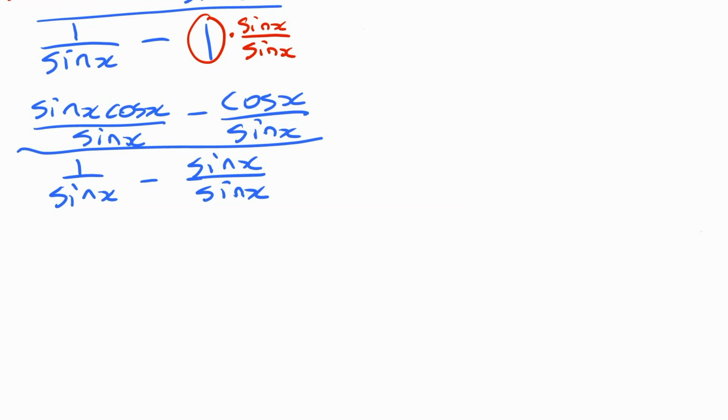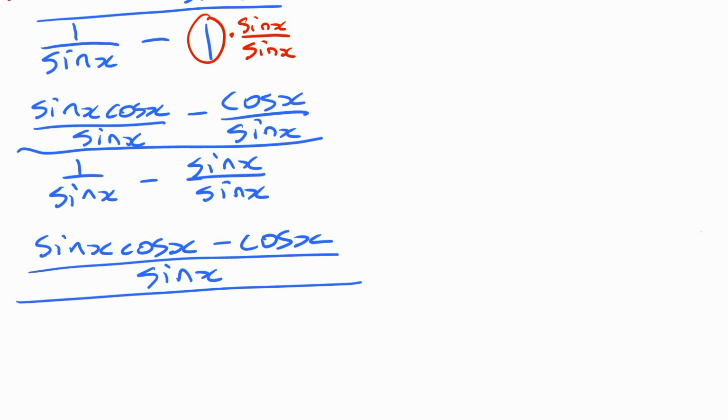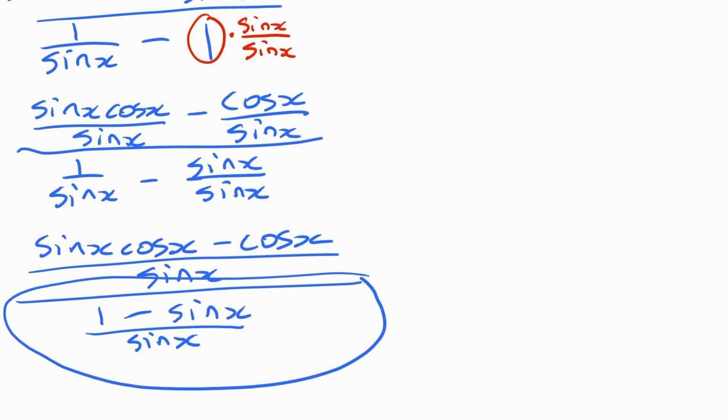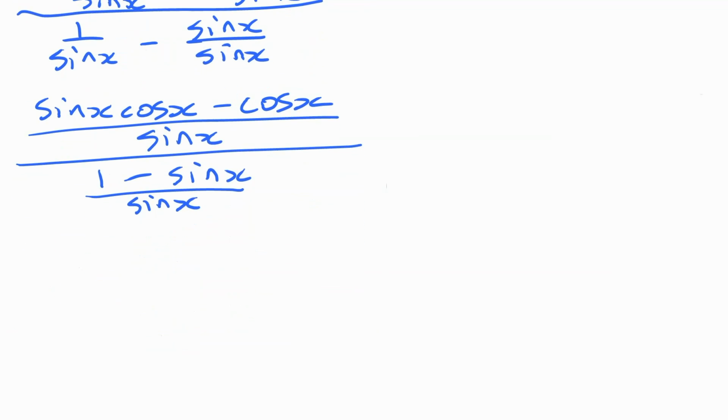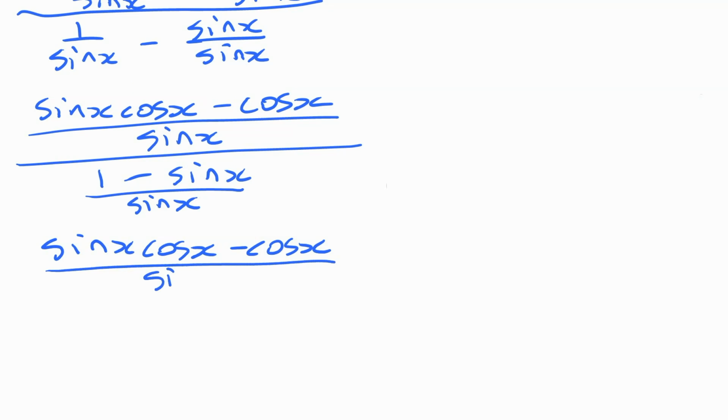We can write them as a single fraction on the top and the bottom. And then we can do what we've done before, which is dividing by this fraction is the same as multiplying by its reciprocal. So we're going to change it to the top fraction, but multiplied now by the reciprocal of this.